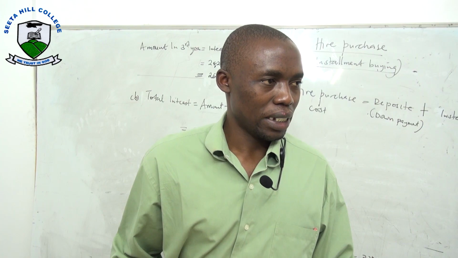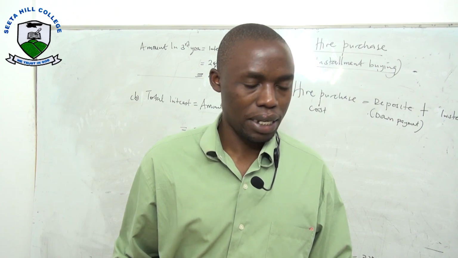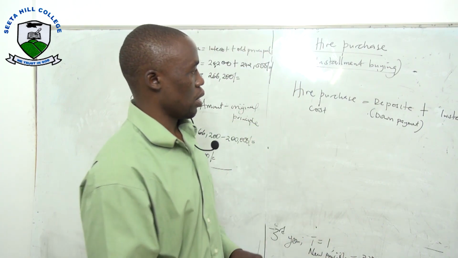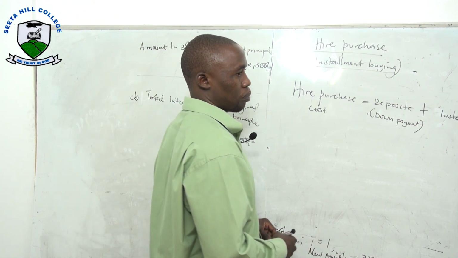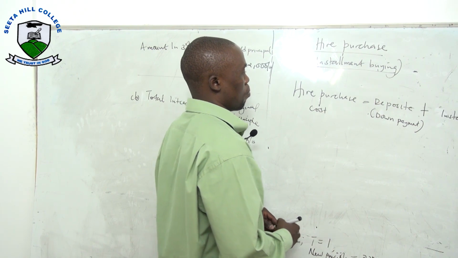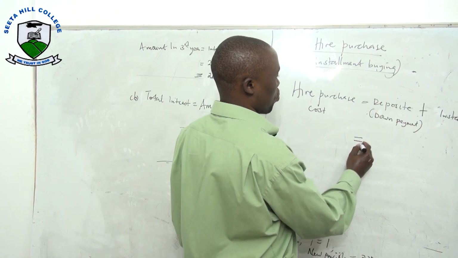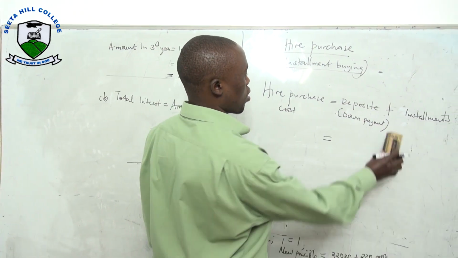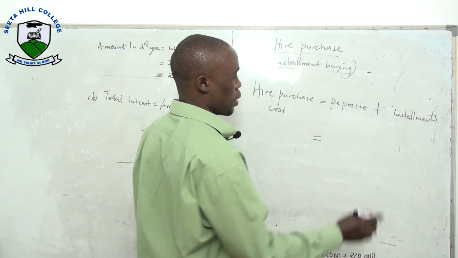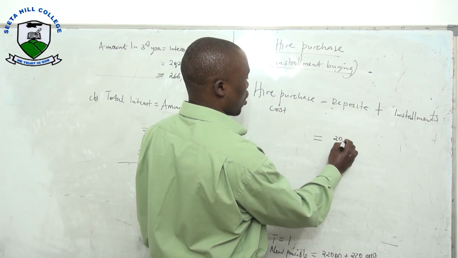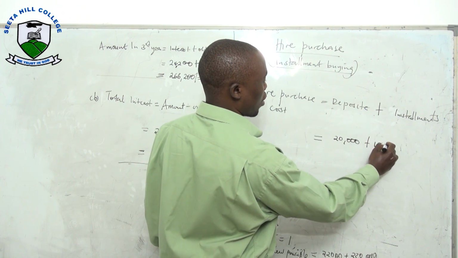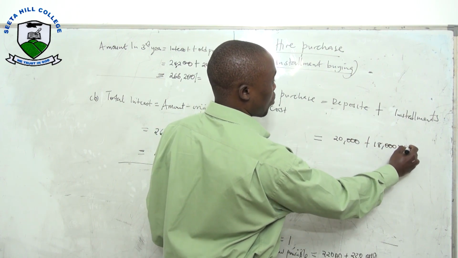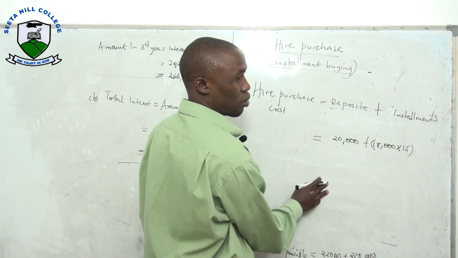Who can guide us on part A? What am I doing? Hire purchase price is going to be the down payment plus installments. The down payment was 20,000 shillings. Installments 18,000 in 15 months, not so?